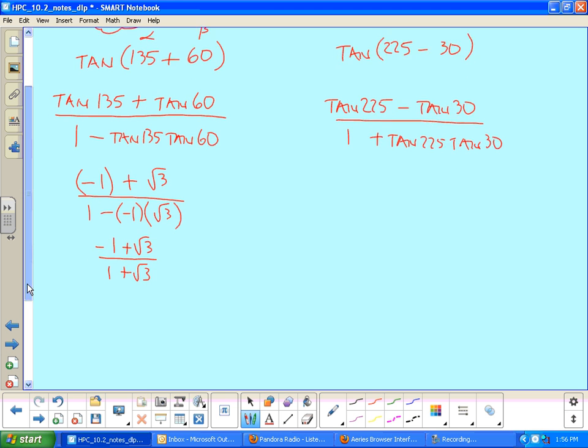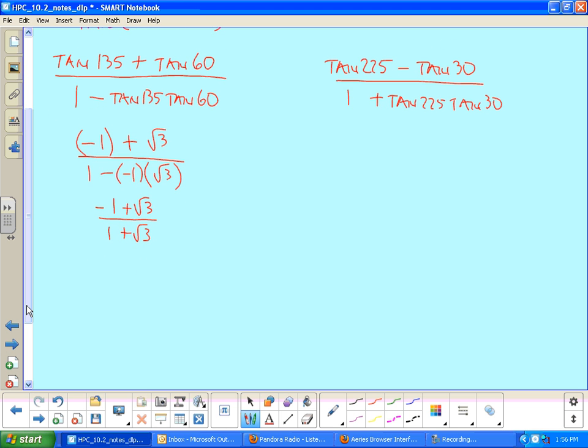And then how do we rationalize a binomial denominator? Well, you're right, I make it a difference of 2 squares, but I'm using the what? What's that called? The conjugate. I'm going to multiply by the conjugate of 1 plus root 3, which is 1 minus root 3.